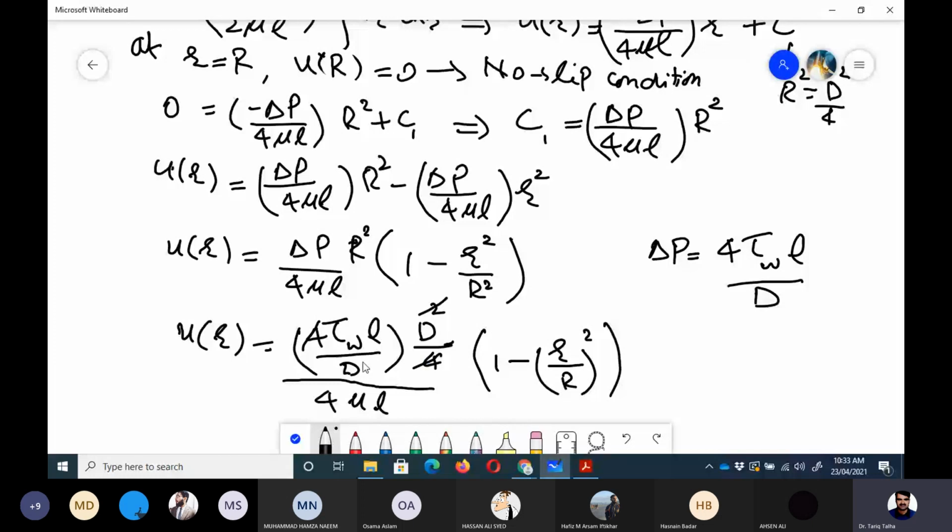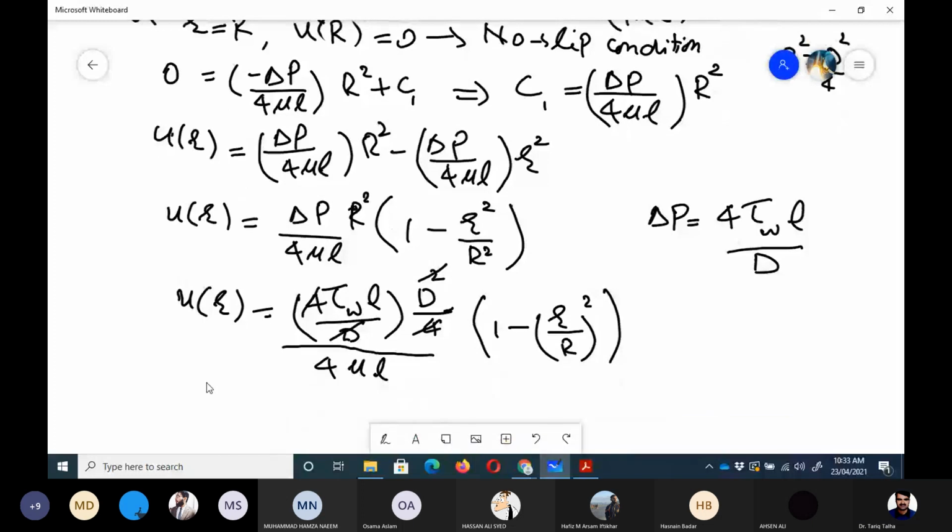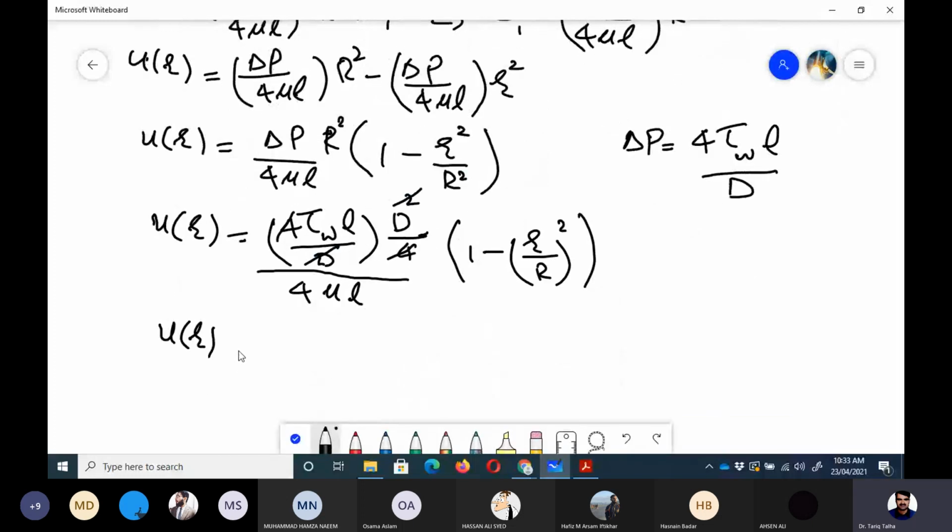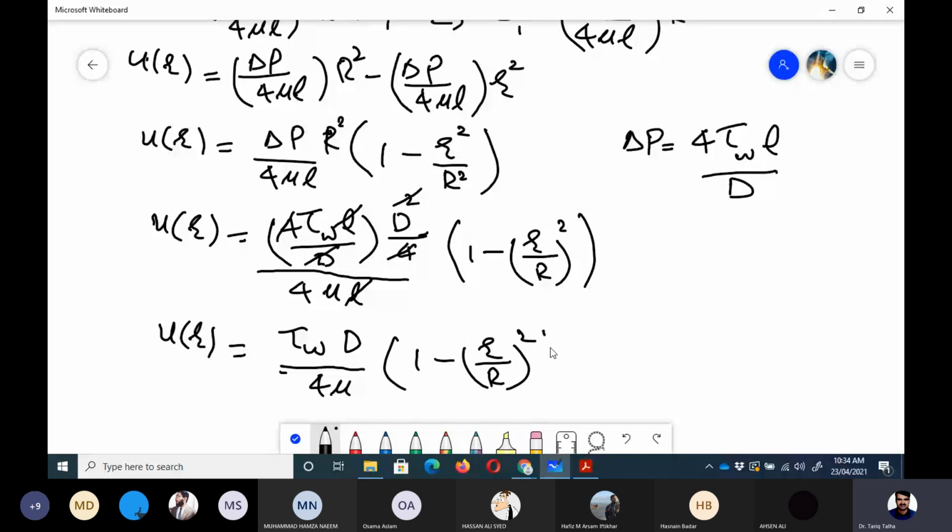In the end, I am left with u of r is equal to tau omega into d divided by 4 mu, 1 minus r upon R square.